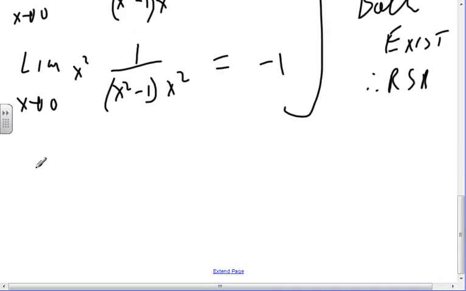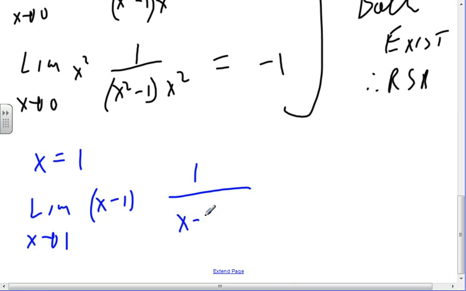I look at the point x is equal to 1. So I take the limit as x approaches 1 of (x minus 1) times 1 over (x minus 1)(x plus 1) x squared. So that's the limit I'm looking at.